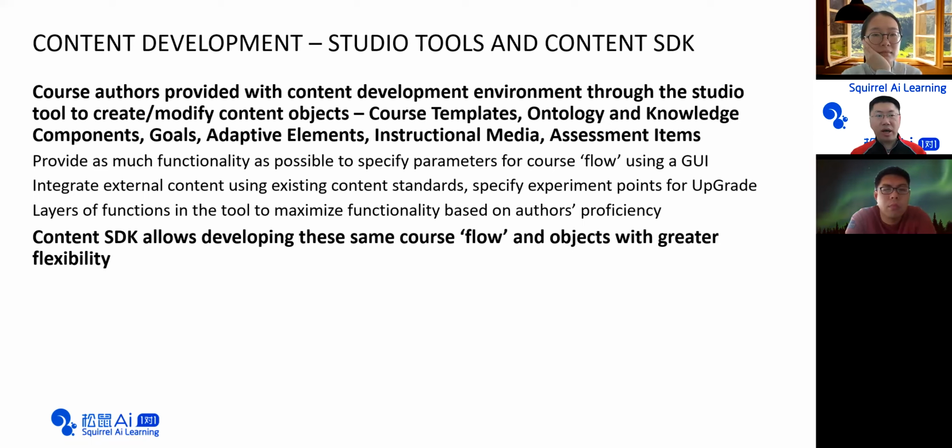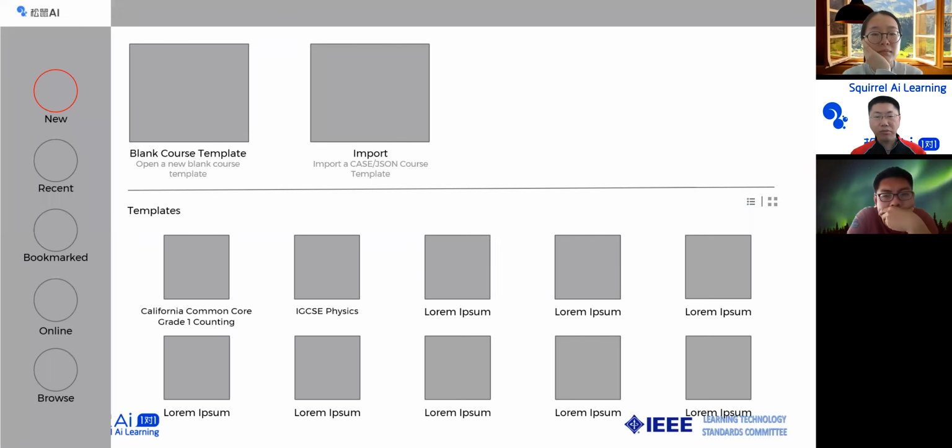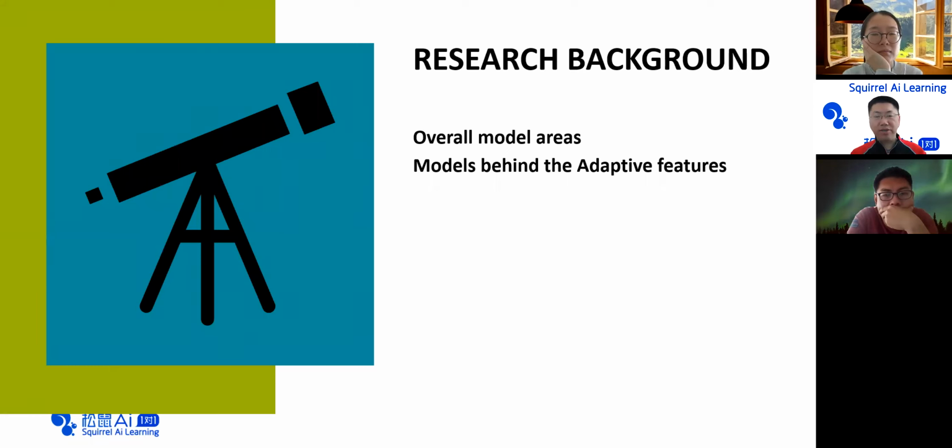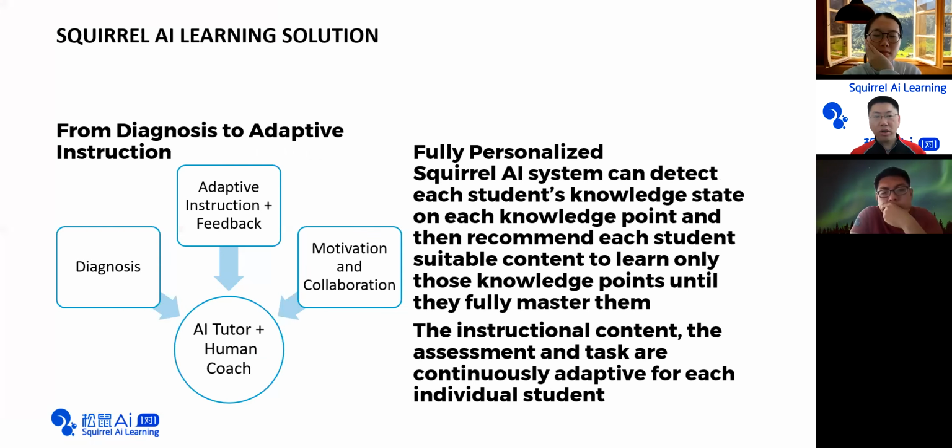And next, I want to talk quickly about the learning science and the AI research behind the scenes that enables this framework. Overall, in the adaptive instructional system, the AI agents work together with the human coach and perform instructional tasks for the learner to get a better handle on their learning path.